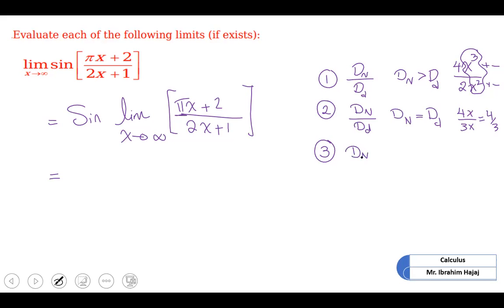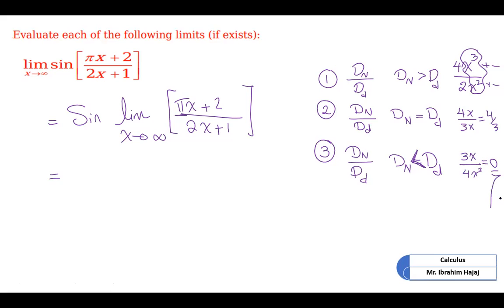But if the degree of the numerator is smaller than the degree of the denominator, for example, in the numerator we have a linear function like 3x, and in the denominator a quadratic, like 4x squared plus something, the answer will be 0.